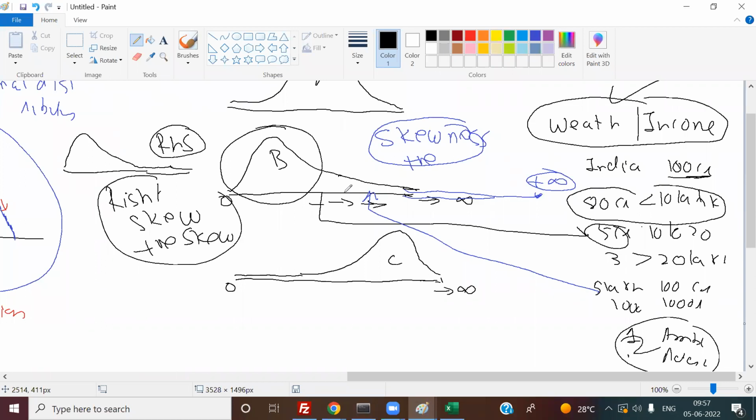In right skewed, the major population would be on the left hand side. Try to be in the right skewed category next time, 10 years from now.